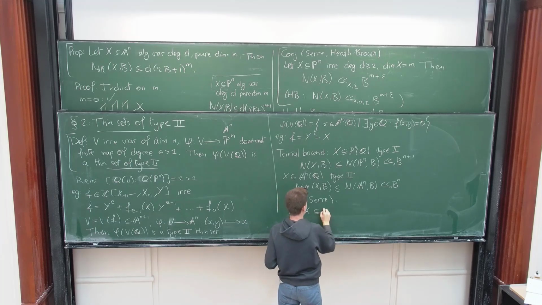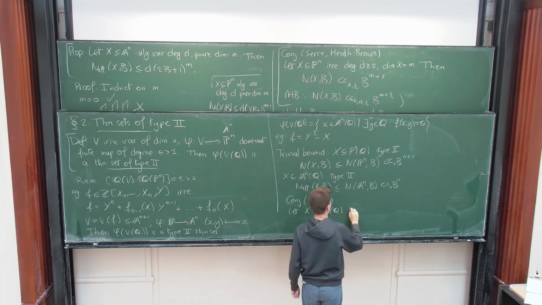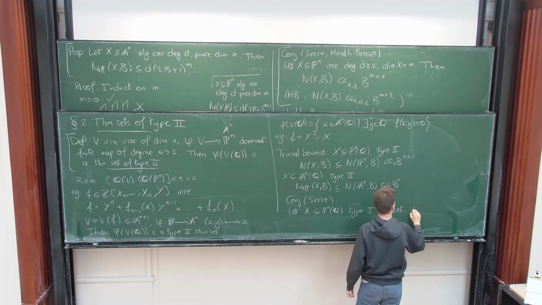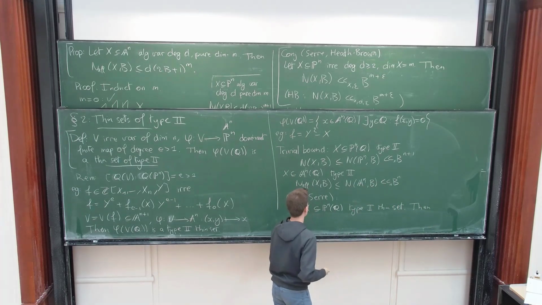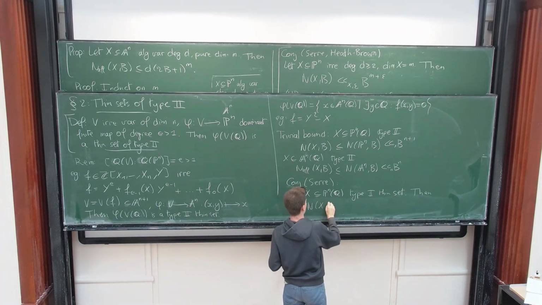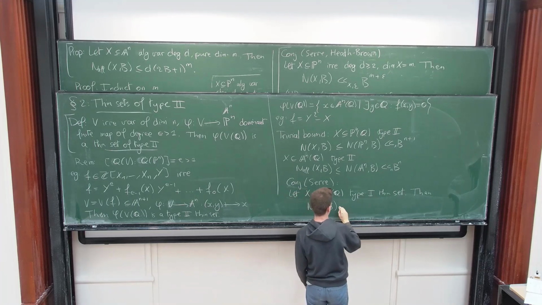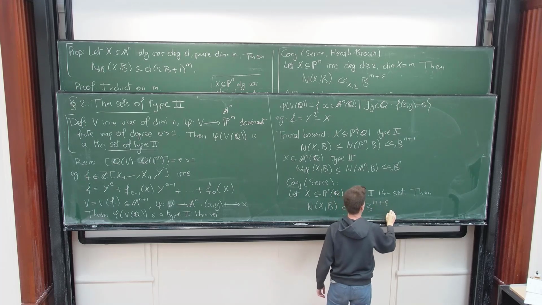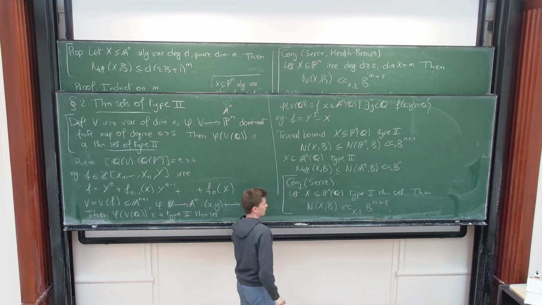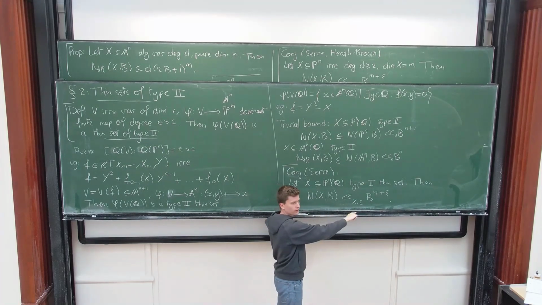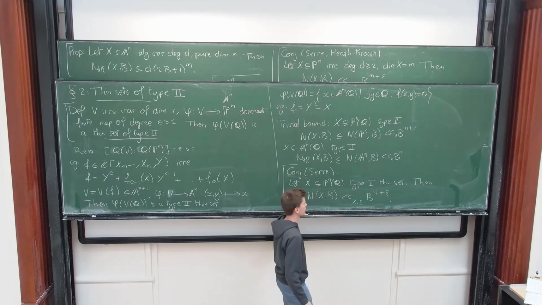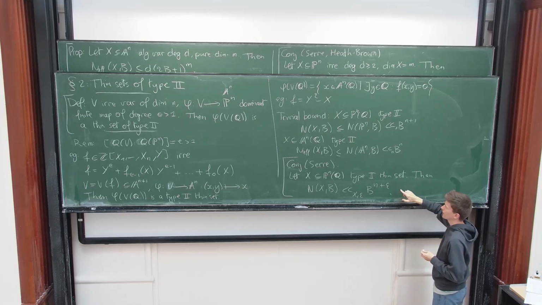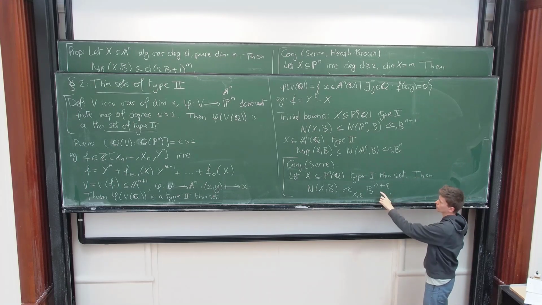The conjecture is the following: let X in Pn(Q) be a type 2 thin set. Then the number of rational points of height at most B is bounded by B to the power n, and again there's some constant which depends on X and some epsilon maybe that's needed. So this improves upon the trivial bound by 1. Serre already observed that you can prove it with n plus 1/2.